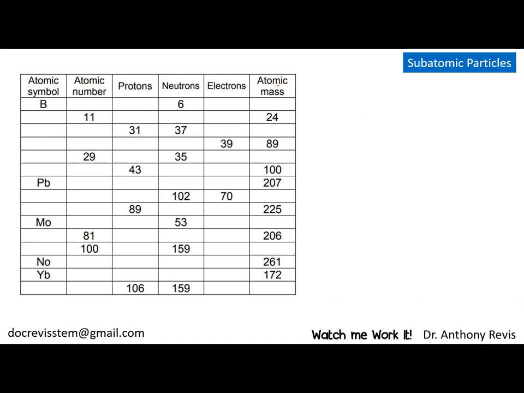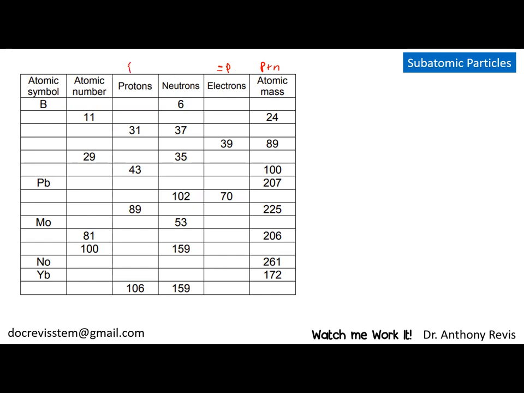But let me point out, atomic mass always equals protons plus neutrons. Electrons, typically, if things are neutral, will equal the number of protons. Neutrons, we can do the math to get that, because we take the atomic number over here.